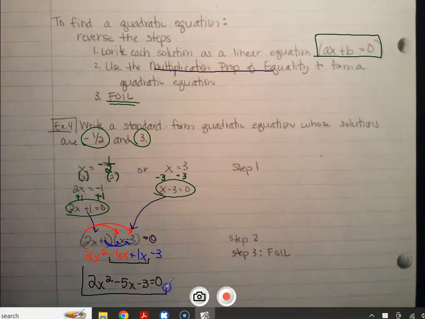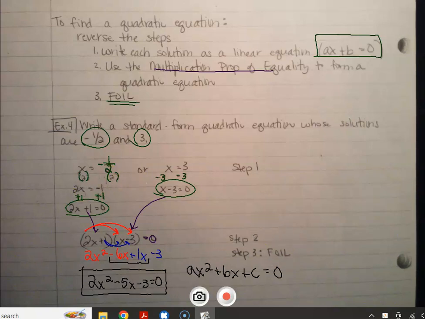So there is our quadratic equation. And is it in standard form? Remember, standard form is ax squared plus bx plus c equals 0. So yes, it's in standard form. Very good.